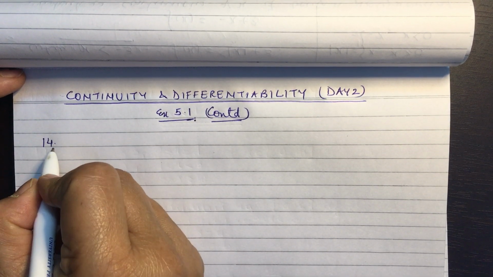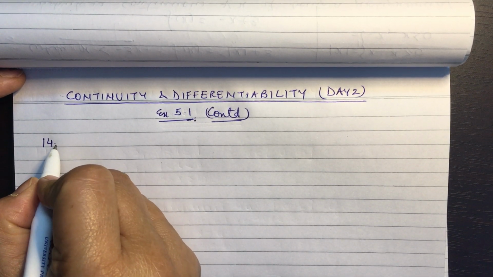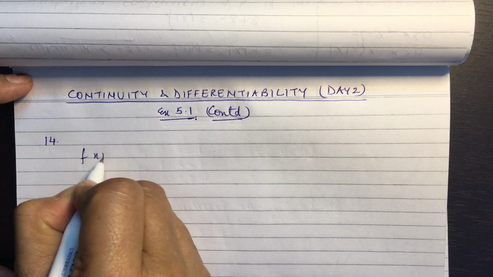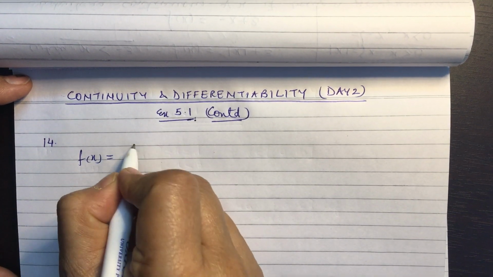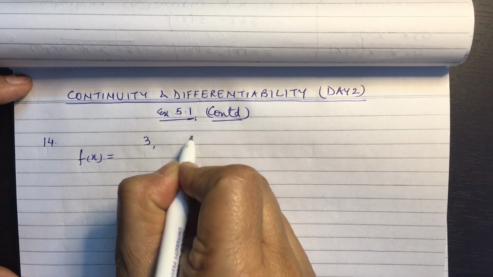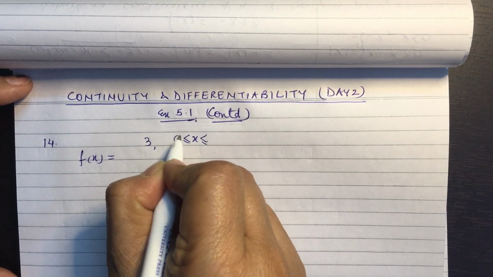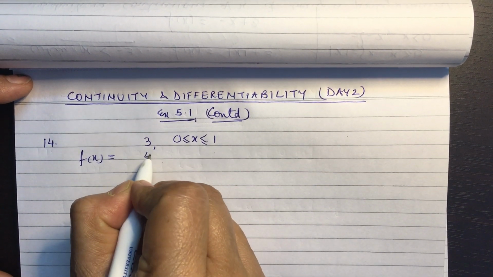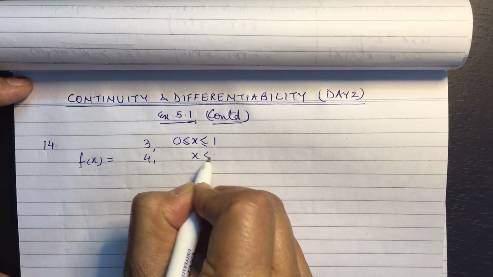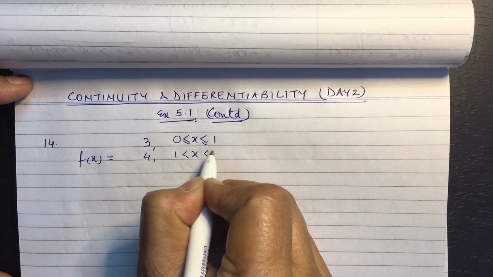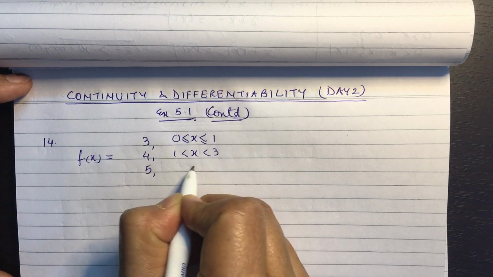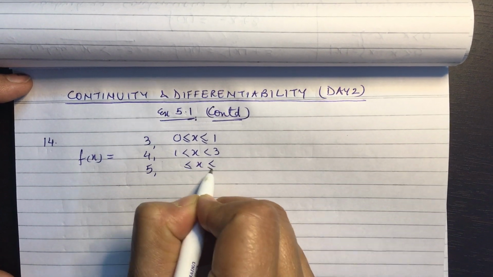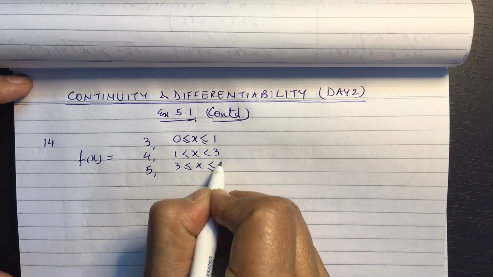Now, according to question number 14, we have to discuss the continuity of the function f(x) equal to 3 when x lies between 0 and 1. It is equal to 4 when x lies between 1 and 3, and it is equal to 5 when x lies between 3 and 10.